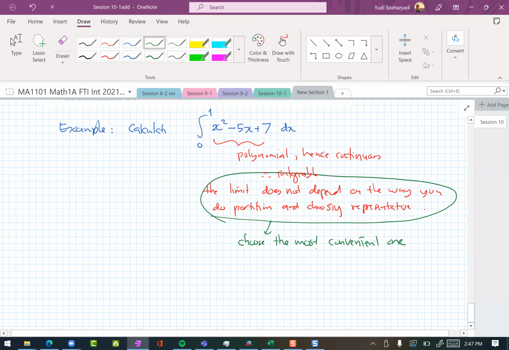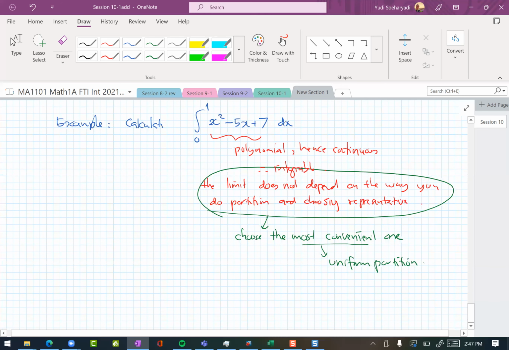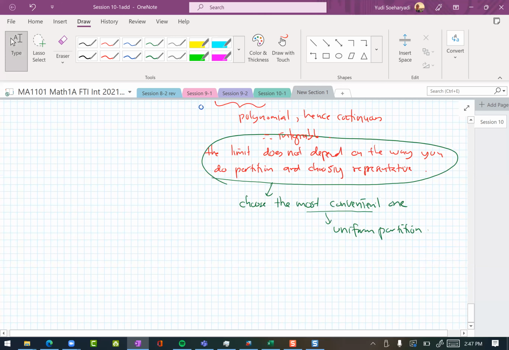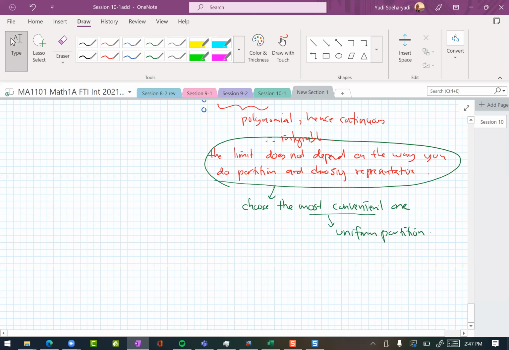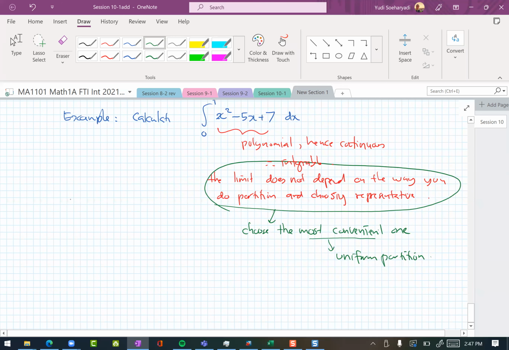What is the most convenient one? The most convenient one meaning uniform partitions with nice endpoints. What do I mean by nice endpoints? Okay, so let's see.